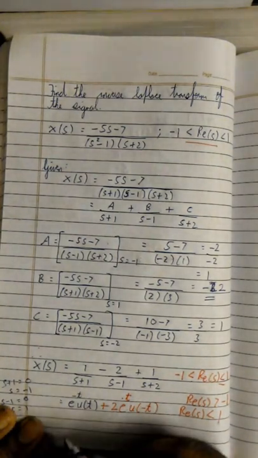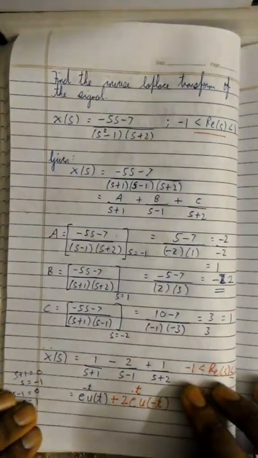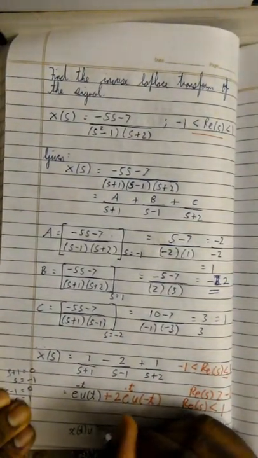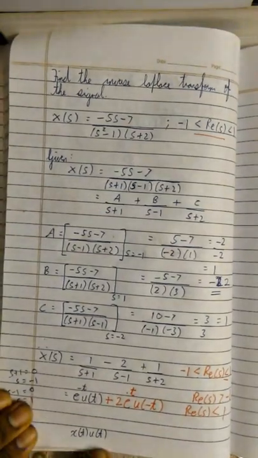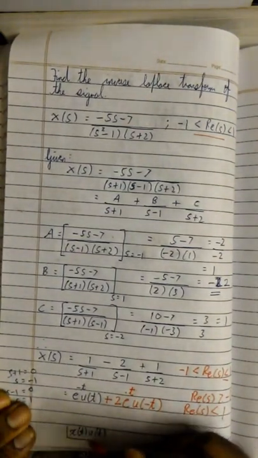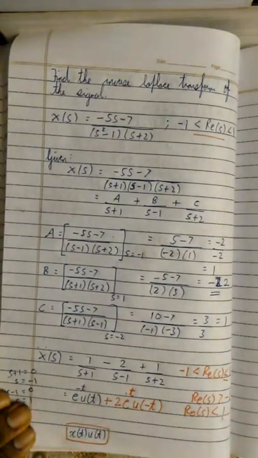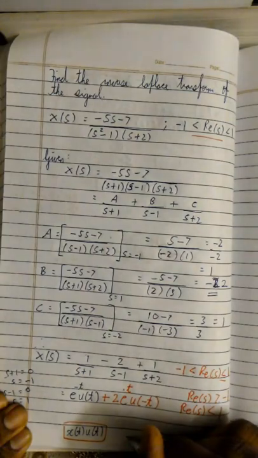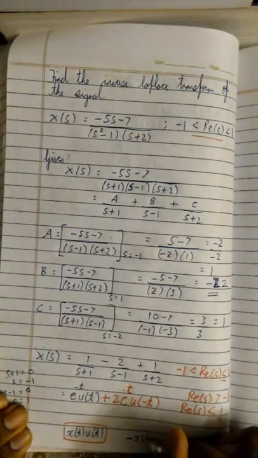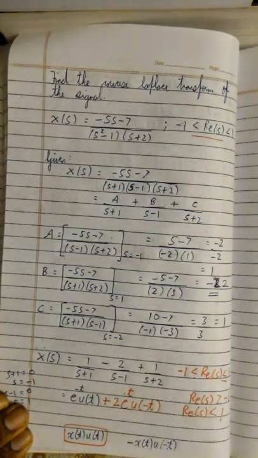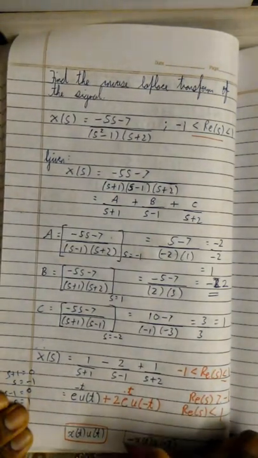If it is a right-sided signal, we simply write the name of your signal and attach it with u of t. And how do you write a left-sided signal? You put a minus sign in front of it, then you write the name of the signal, and then you write u of minus t.